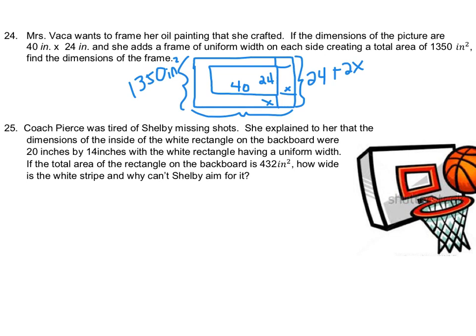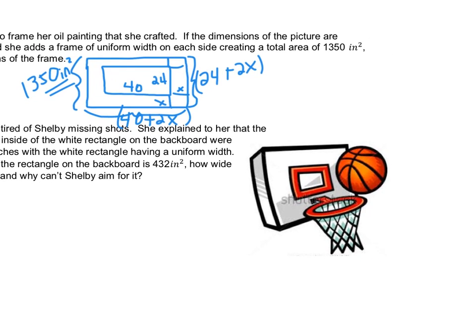This side is 40 plus 2x. And if I multiply these two things together, I should get this. So I'm going to go ahead and rewrite that so that we can see what the quadratic equation is going to look like. And then we're going to put that in the calculator and solve.